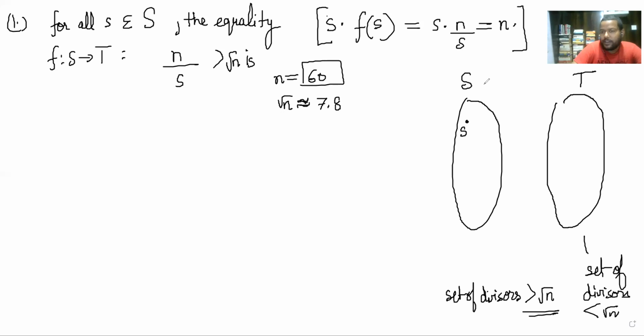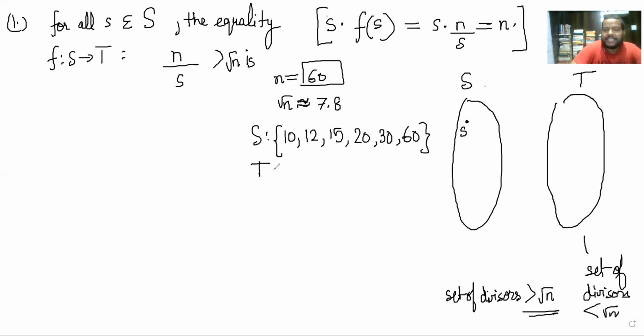So S is the set of divisors which are greater than this. S could consist of basically 10, 12, 15, 20, 30, 60.